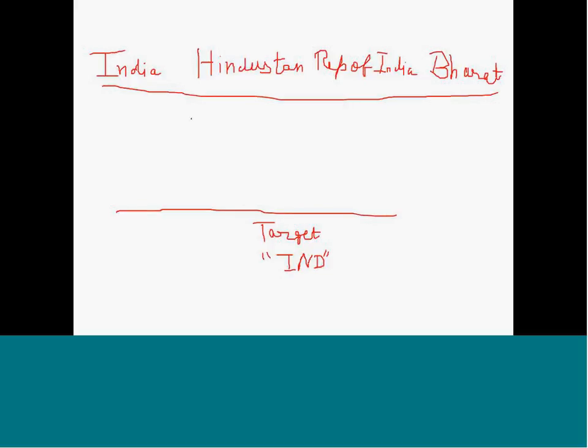And this data needs to go through the transformation logic. But with ETL, your population is a very weird population, and it behaves in various fashions: Hindustan, Republic of India, and Bharat.